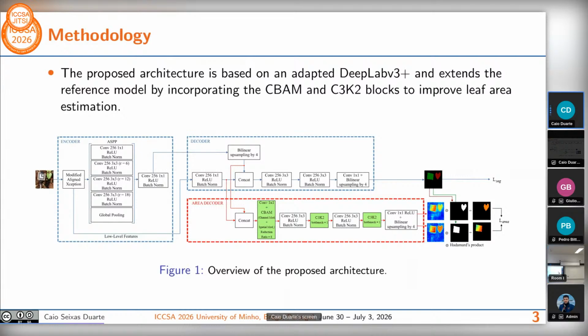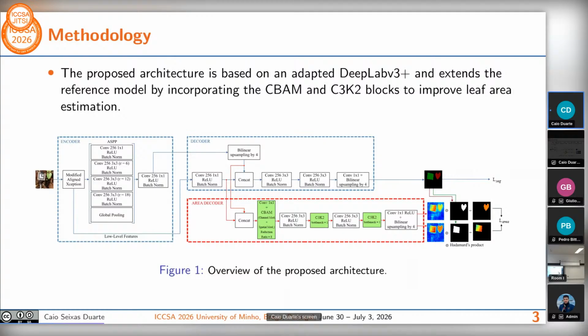Well, in the reference architecture, we have an area decoder, and the main objective of this work is to improve the area estimation. So I want to insert these kinds of blocks in the area decoder to make the area estimation results better.